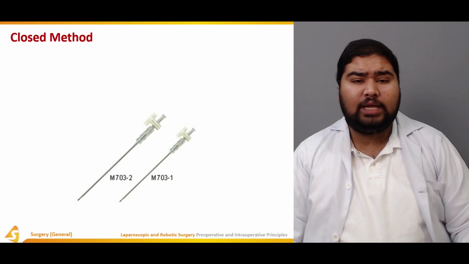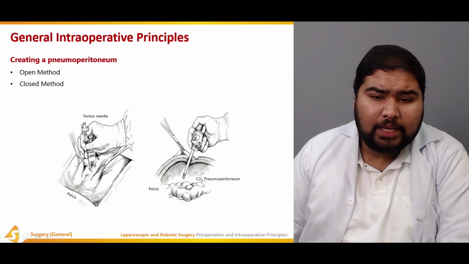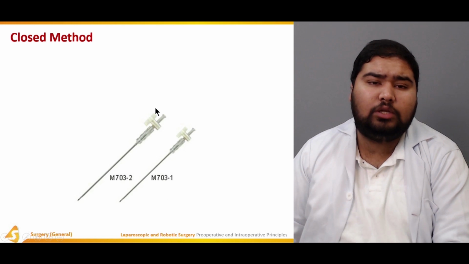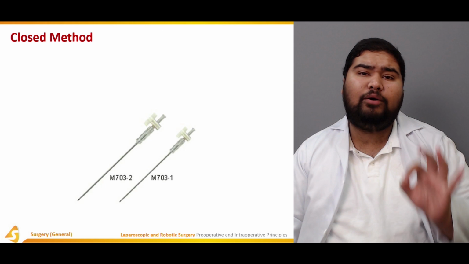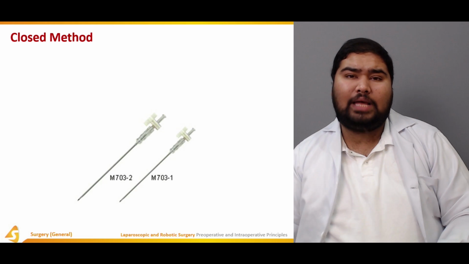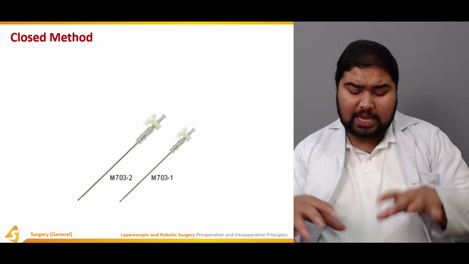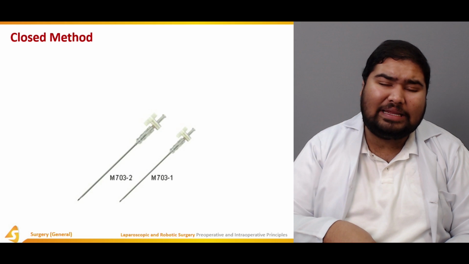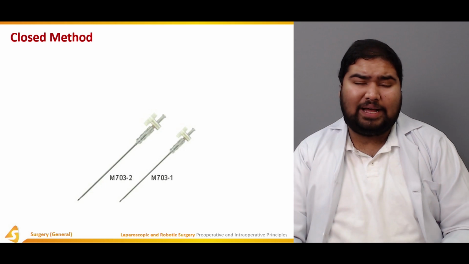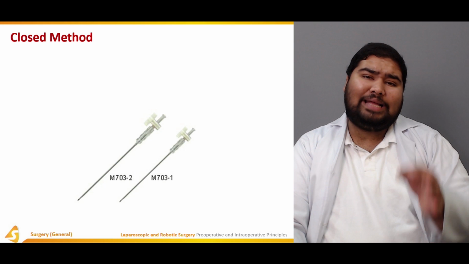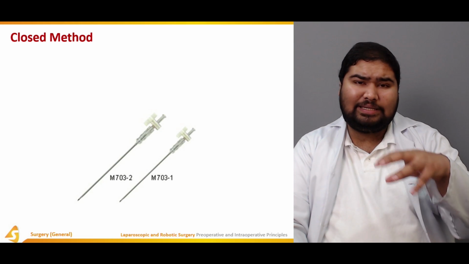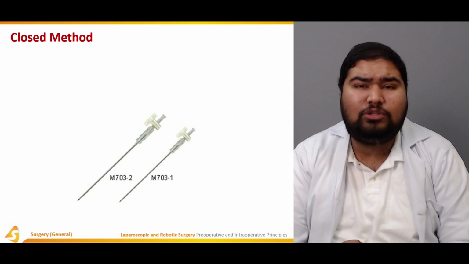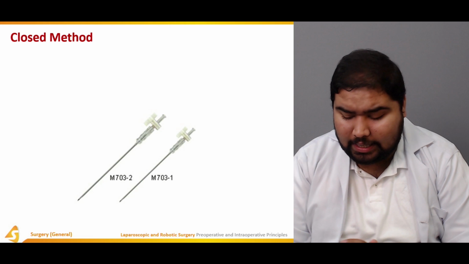So in a closed method, here you can see, you directly enter a trocar or a varus needle into the abdomen. You just take a fold of the skin, you pull it up, and you insert a trocar or a varus needle into the fat. The principle is that you will breach the skin, the subcutaneous tissue, the fascia, and come to lie in the peritoneal cavity.